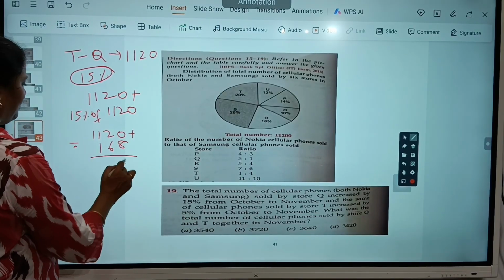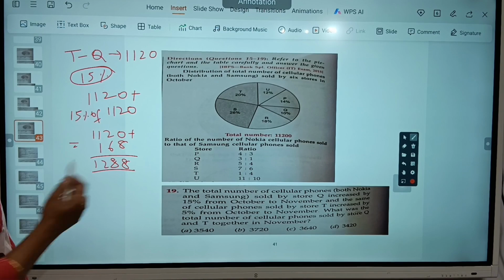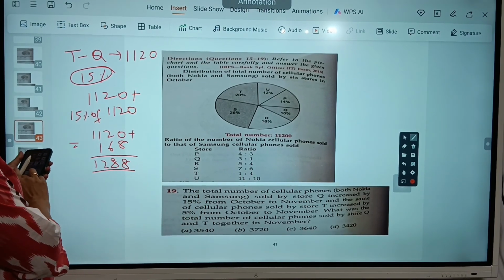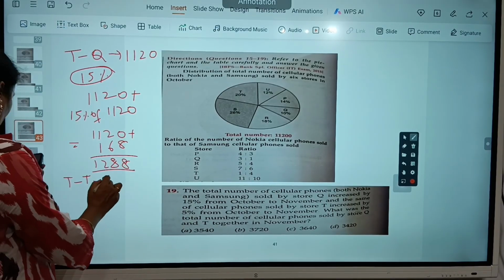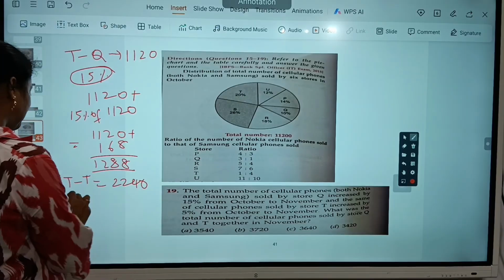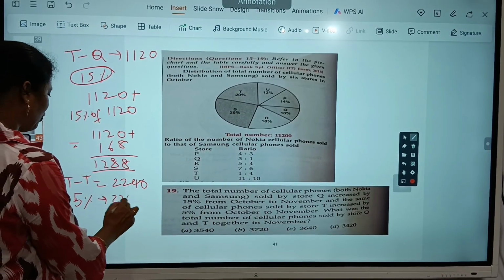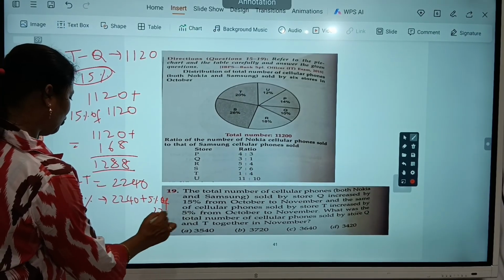168. Okay, 1288. And same store T is increased by how much? Total number of cell phones of store T is how much? We got in the table 2240. This is increased by 5%. So what we have to do? 2240 plus 5% of 2240.